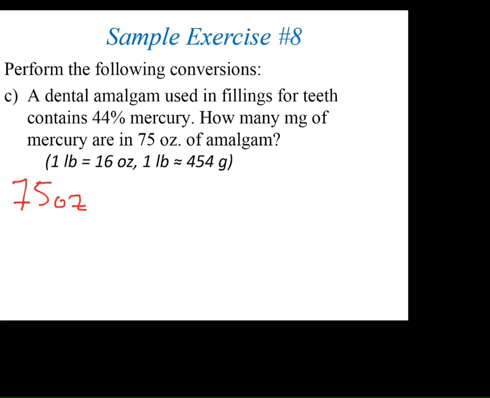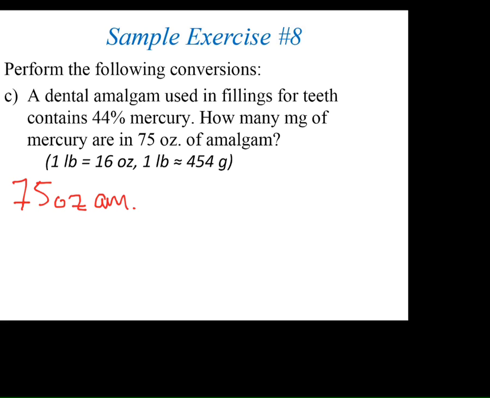Okay, so I have lots of choices here again. So I could use that 44% very first thing, or I could use that 44% on down the line. It won't change it mathematically. So I have 75 ounces. I'm going to put amalgam, just so we know. Okay, so we got two ways we could do this.